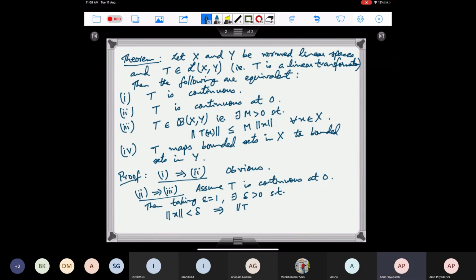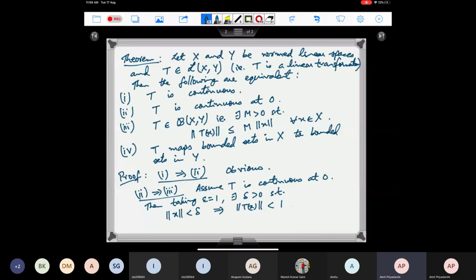Because it is continuous at 0, norm of x minus 0 less than delta implies norm of Tx minus T(0) is less than 1.